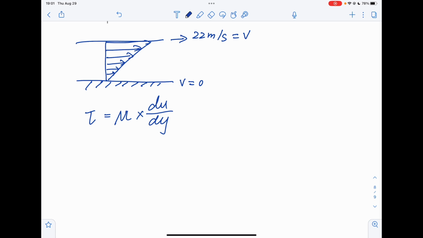And we have du over dy equals 22 meters per second over 1 millimeter. Please pay attention to the unit conversion here. So we will have 22,000 second to the minus 1 for du over dy here.